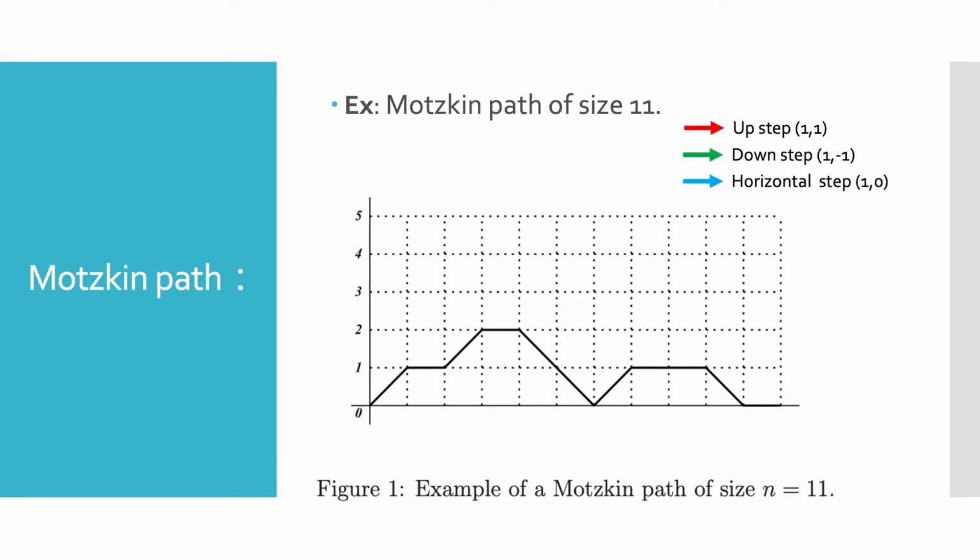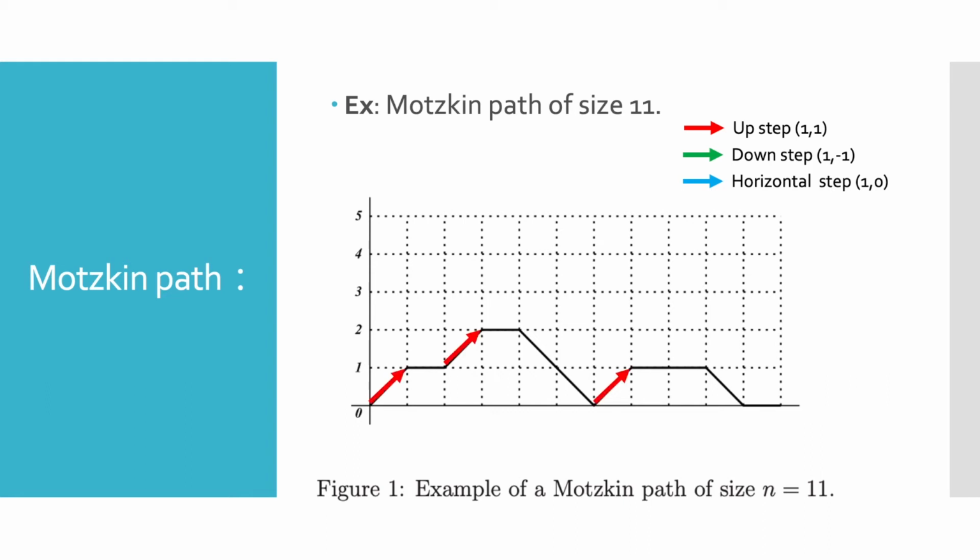For example, Figure 1 is an example of a mosaic path of size n equals 11. We denote the up step by a red symbol, the down step by green, and the horizontal step by blue.